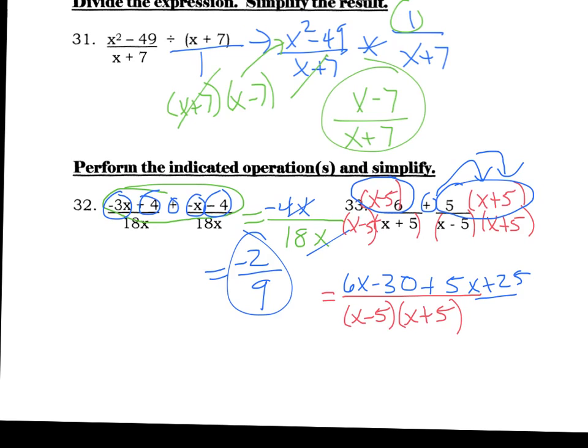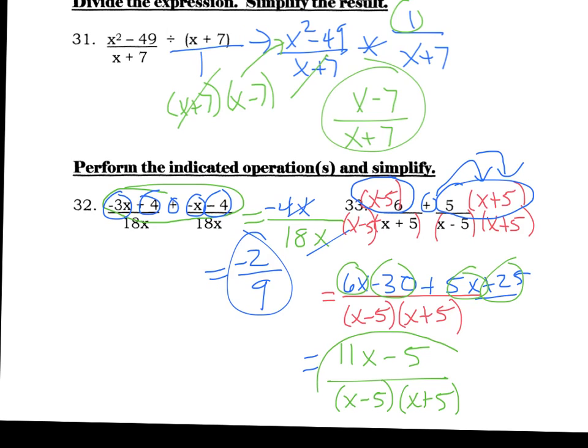To finish this guy up, what I'm going to do is just combine my like terms. So I see a like term here and here. 6x and 5x is 11x. Negative 30 and positive 25 is negative 5. And just over my common denominator, x minus 5, x plus 5. And there it is.